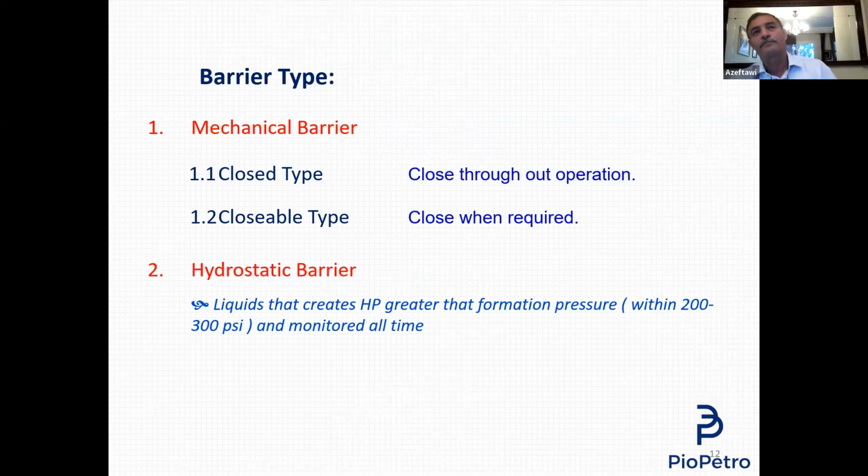Because I have the formation pressure 3000 psi, and then you put a fluid on top that creates 6000 psi hydrostatic pressure. Is it correct? Of course not. You are breaking my formation. So it has to be greater than, but with a little margin, 200 to 300 psi. I cannot put a full stop yet.